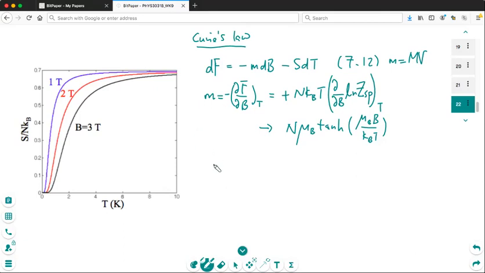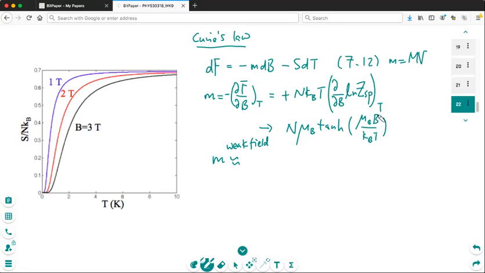And here is the solution. So this moment in the weak field limit. Now you know how to handle weak field, strong field, high temperature, low temperature. You need a reference: you compare energy scales. So if you have weak field, what do you have?